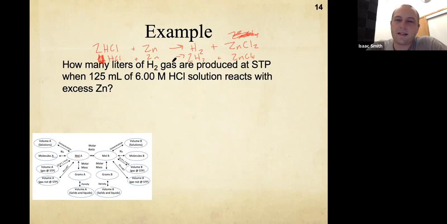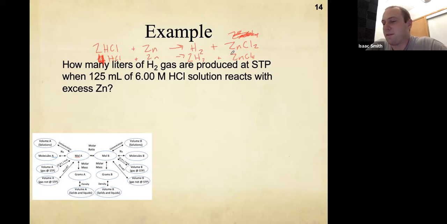So regardless of what we do with this zinc, the ratio between hydrochloric acid and hydrogen is the same. It's 2 to 1 here, and it's 4 to 2 here, and 4 to 2 is the same as 2 to 1. So it really doesn't matter which one we use. Obviously, if we were doing a ratio between hydrochloric acid and zinc chloride, here it's 2 to 1, and here it's 4 to 1.